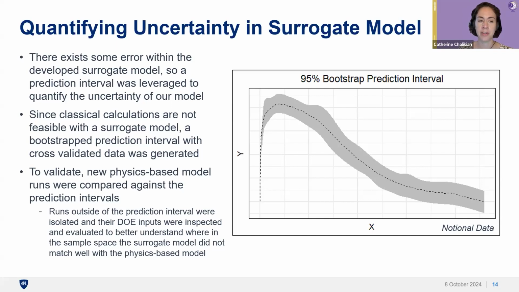We compared both new runs of the physics-based model as well as the surrogate predictions of those new runs to validate this. And the few runs that did have excursions outside of the interval were isolated and their DOE inputs were inspected so we could better understand where in the sample space the surrogate model did not match well with the physics-based model.